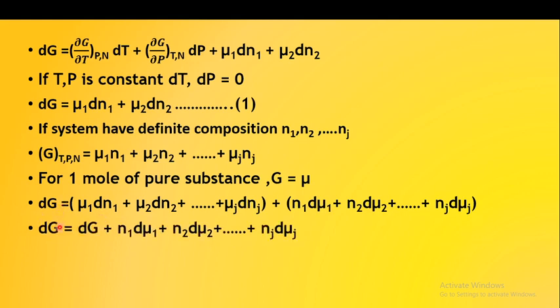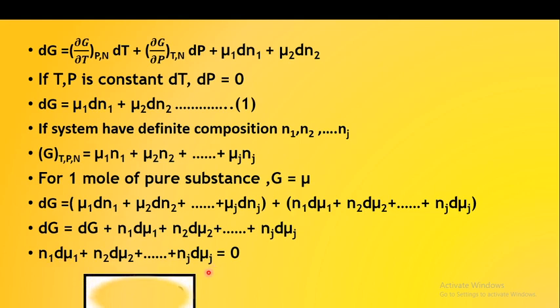Therefore, we know that mu1 dn1 plus mu2 dn2 up to muj dnj is nothing but dG. Therefore, dG is equal to dG plus n1 d mu1 plus n2 d mu2 plus up to nj d muj. So we can write n1 d mu1 plus n2 d mu2 up to nj d muj is equal to 0.